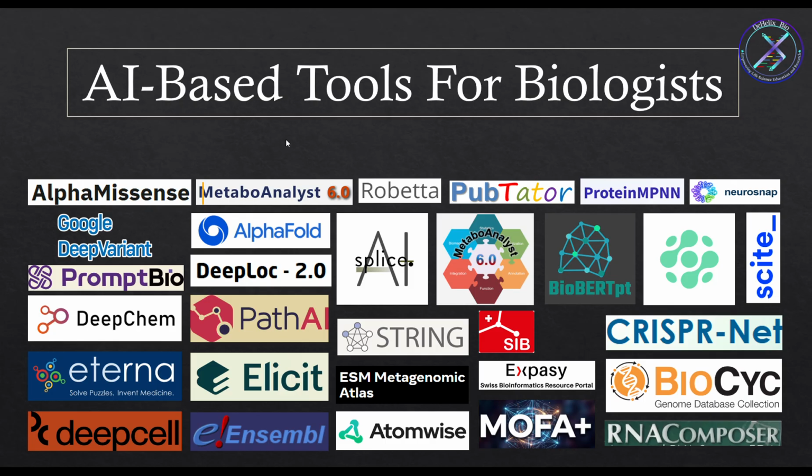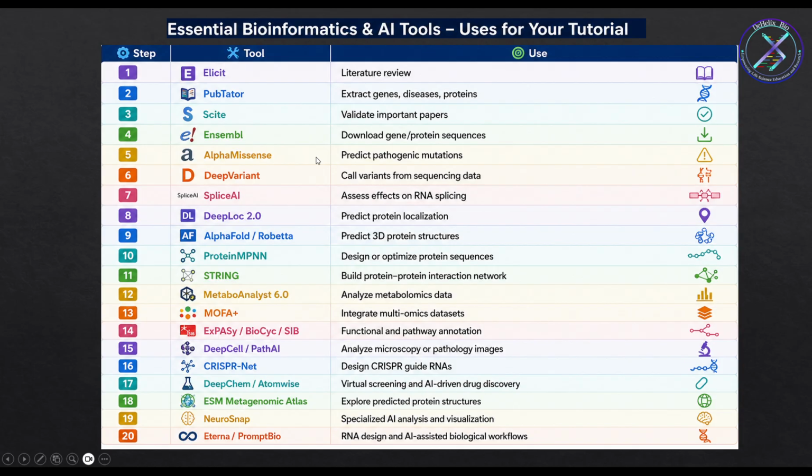To give an overview, I would like to list down the different types of tools we'll be using here. For literature review, one of the very less known tools is Elicit. So we'd like to explore that.